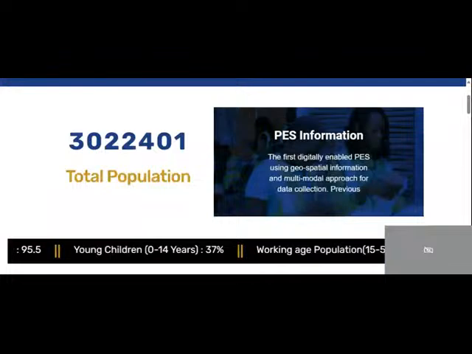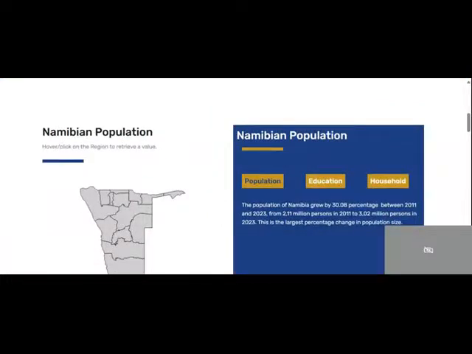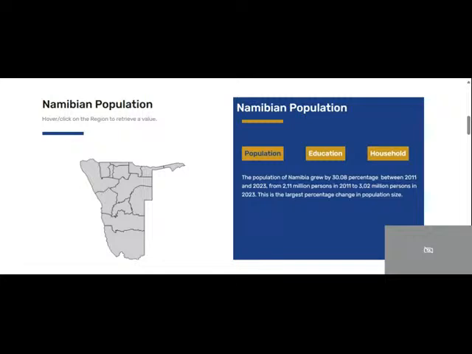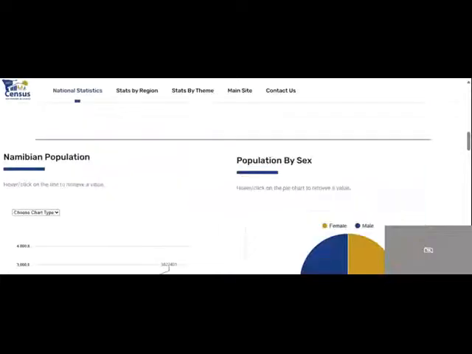I want to see the population by race. The population grew by 30% between 2001 and 2013. Education, population, education. Wait a minute, man. Okay. Khomas, it's the most populated region. This one is crazy, bro.